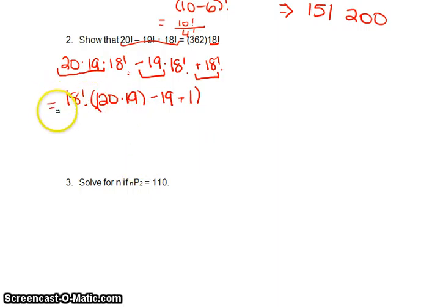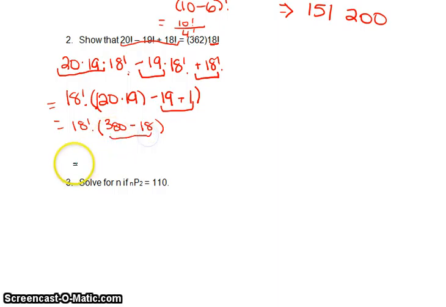All right, so let's simplify our brackets there. We have 18 factorial, and then we have 20 times 19, which is 380. And if we want to combine this as well, we have negative 19 plus 1 is negative 18.